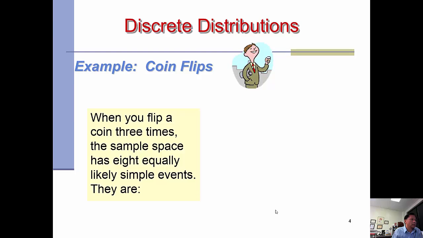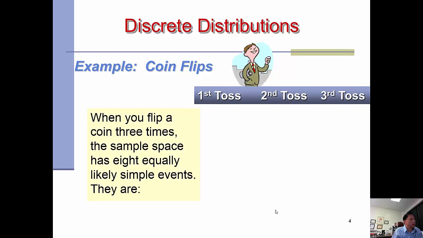Okay. Let's take a look at an example of coin flipping. When you flip a coin 3 times, what will be the sample space? We basically have a sample space that has 8 equally likely simple events.